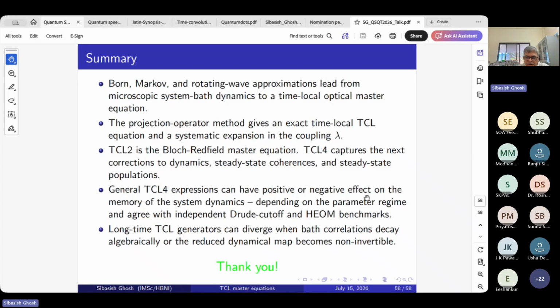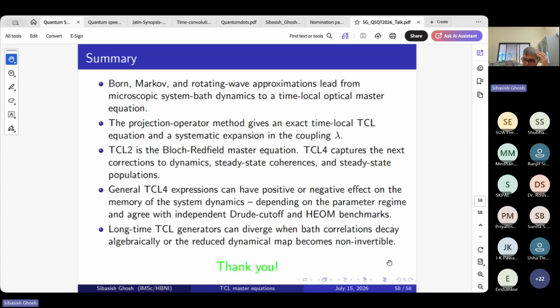Comparing with HEOM, the hierarchical equations of motion, you can see that TCL4 works better compared to TCL2. And for long time, higher order TCL, basically from order 6 onwards, when you take a zero temperature bath and the sub-ohmic case, it can give rise to a divergent generator, because there is some competition between exponential decay in the infinite time limit and polynomial or algebraic decay in the finite time regime.